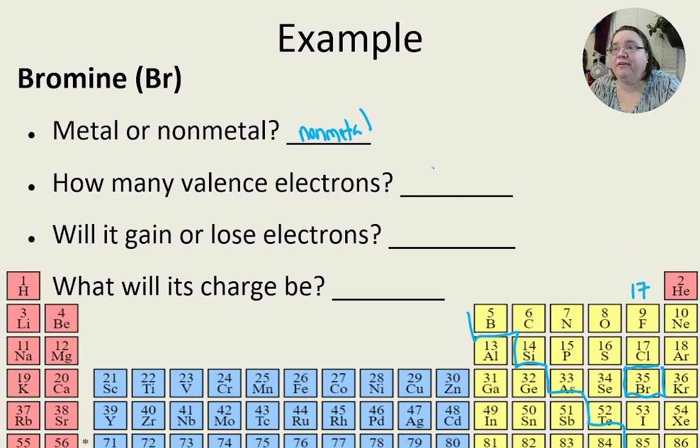Therefore, it will have 7 valence electrons. With those 7 valence electrons, it is going to gain, it is going to go out and steal an electron. It's positive to give, it's negative to steal. So since bromine went out and stole an electron, it's going to have a -1 charge, or a -1 oxidation state.